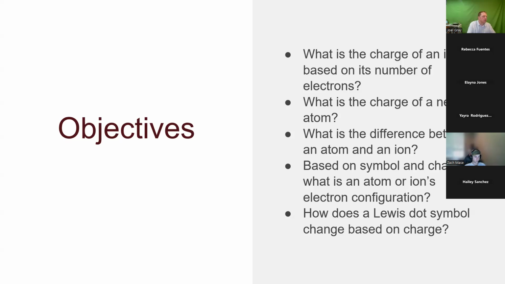So if I were to say something like potassium ion, I want that to mean something to you. You say, okay, what is potassium? Oh, I know that potassium has the symbol K. And I know that looking at the periodic table, I don't remember it at the moment, it has 16 protons.